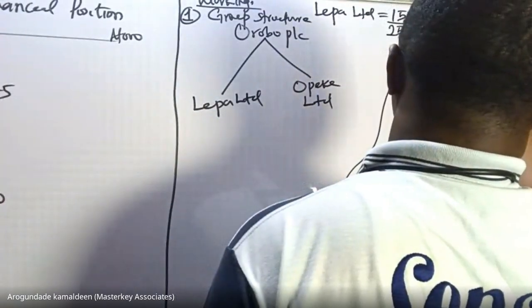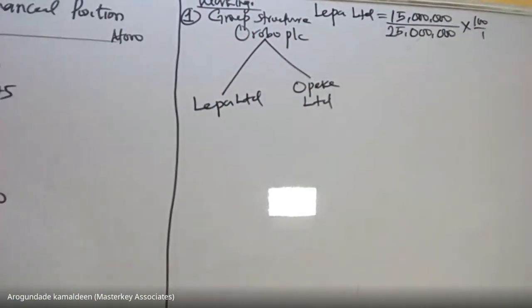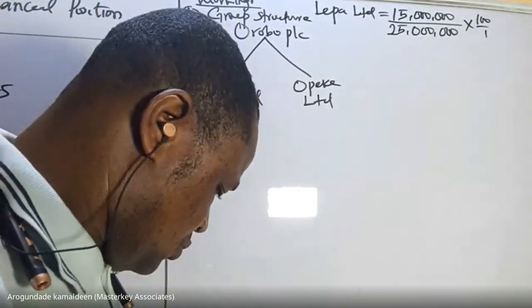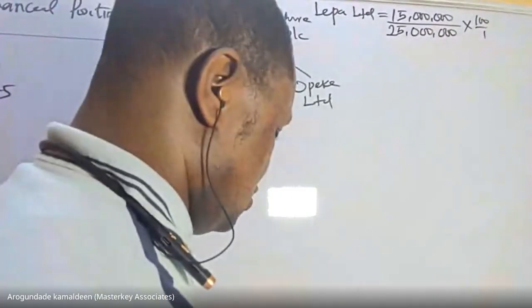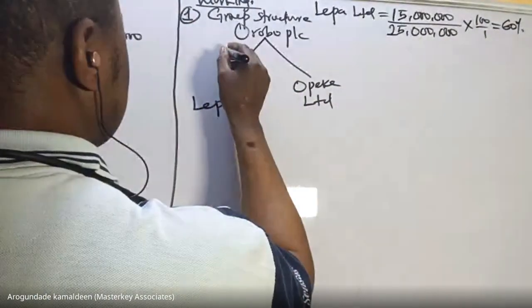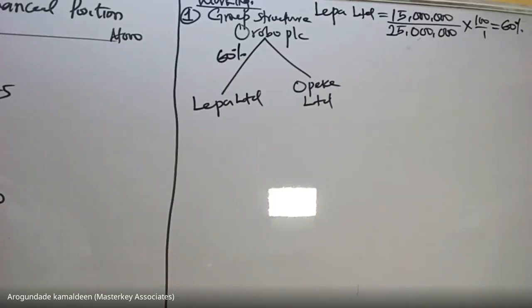Times 100, that gives 60%. So here you have 60%, and we have NCI for 40%. Is that clear?